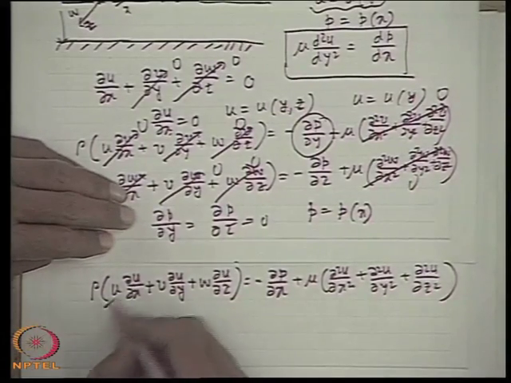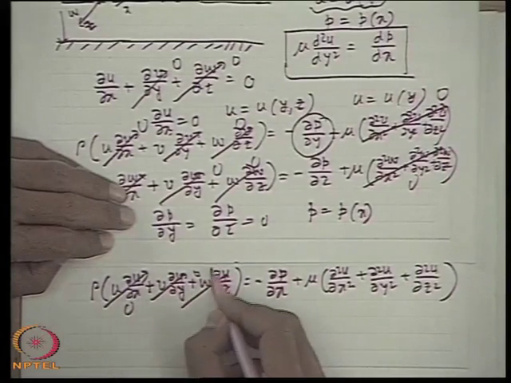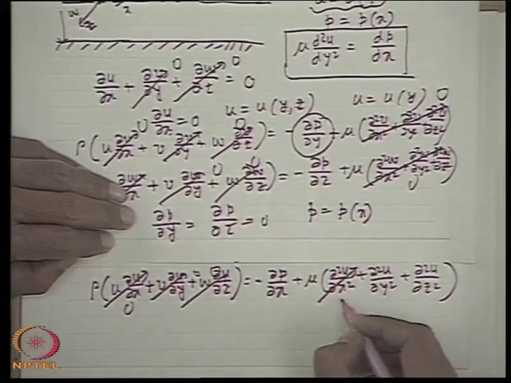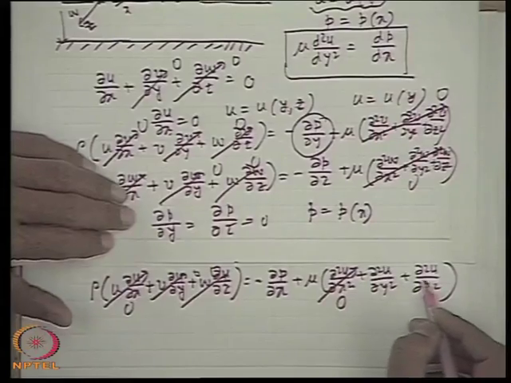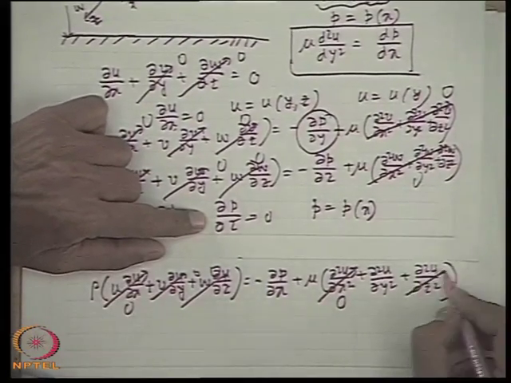Here we see that del u del x is 0 from continuity, u is a function of y only, v is 0, w is 0, and u is not a function of x, so those terms are 0. Among the remaining terms, we have considered that u is a function of y because the z direction dimension is so large, so we can make the z term 0.